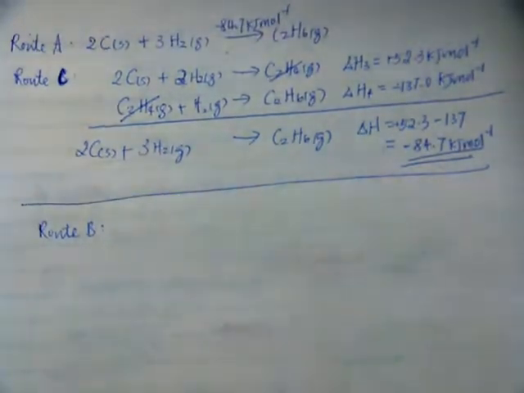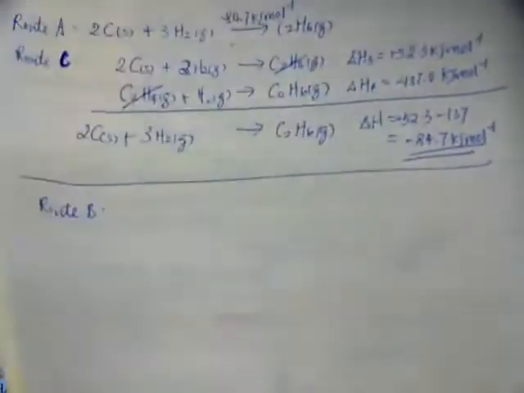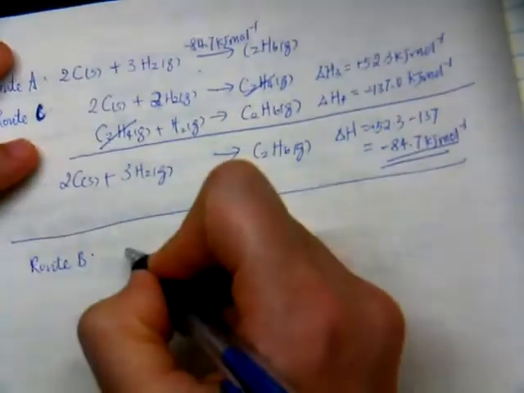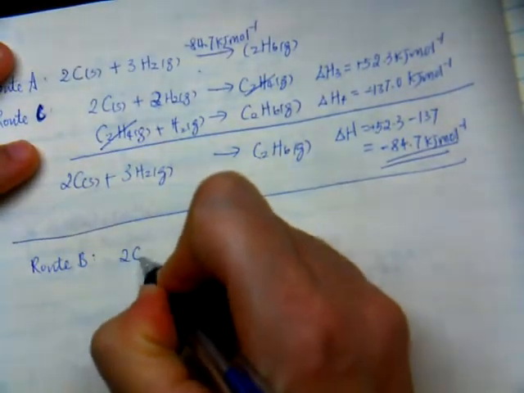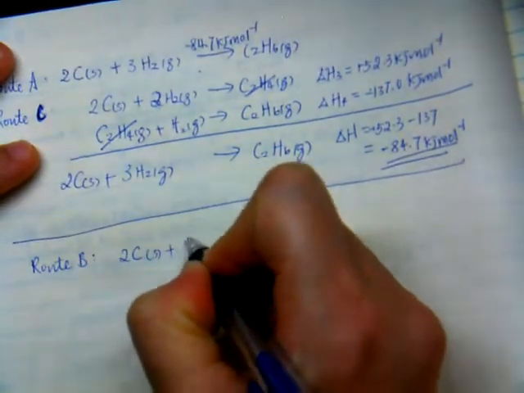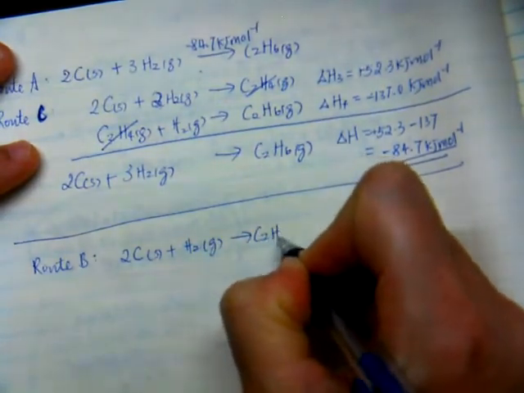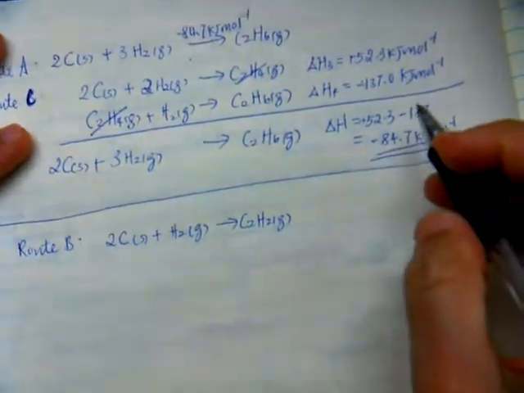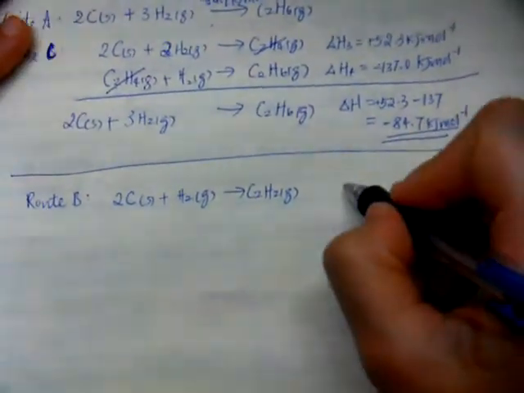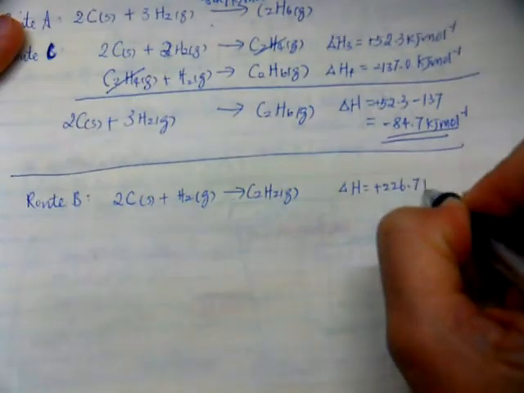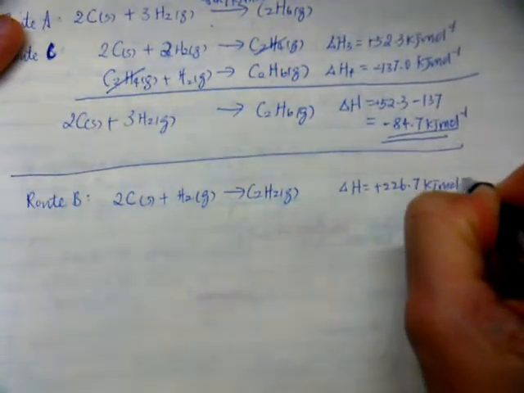Now, how about route B? First of all, I copy down two steps first, and also their enthalpy change. For the first step of route B, this is the first step of route B with delta H plus 226.7 kilojoule per mole.